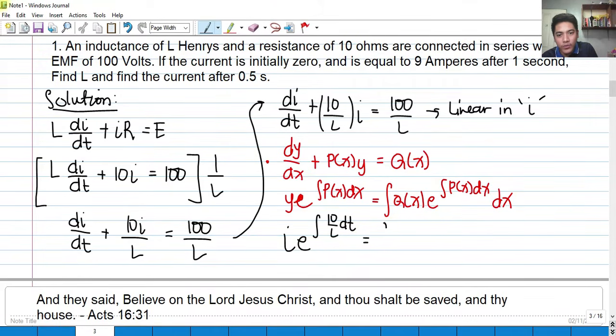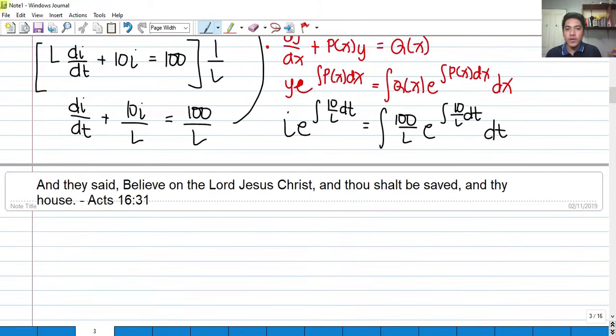Okay, and now equal to integral of q of x, which is 100 over L e raised to, copy this, is the same, 10 over L dt, and we have dt also. Okay, so we can solve now for our L. So we have I e integral of 10 over L dt. So we are integrating with respect to t.